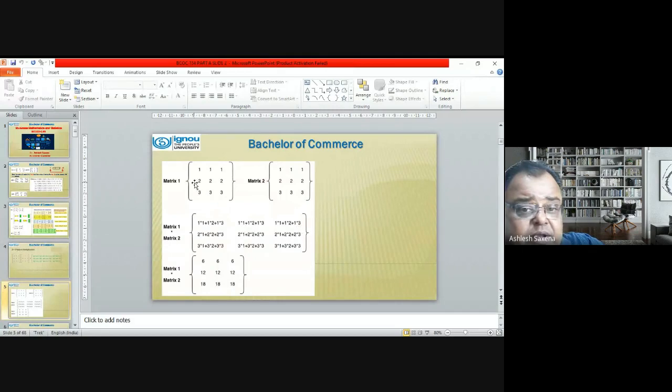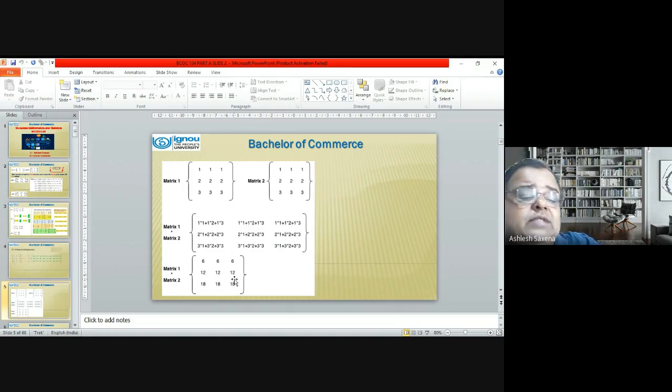Second, 2 into 1 plus 2 into 2 plus 2 into 3. You're going to get this element. Similarly, this by this, by this one, this one. Then comes your third row. This row being multiplied by these elements. Then this one by this, and this one by this. This is this. So here you see this is a 3 by 3 matrix.